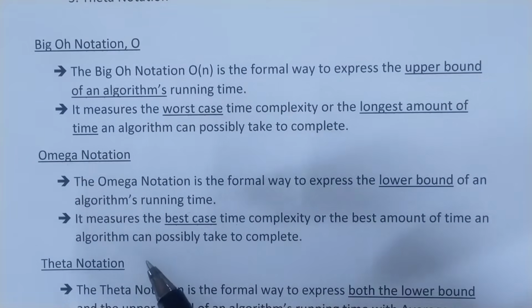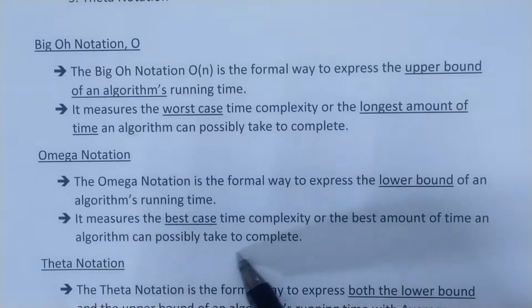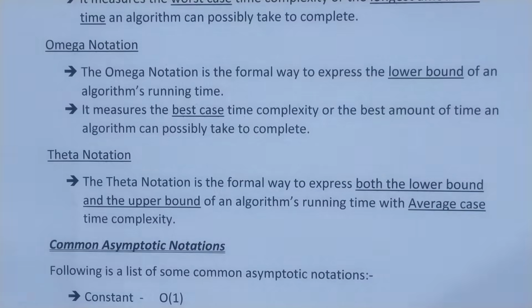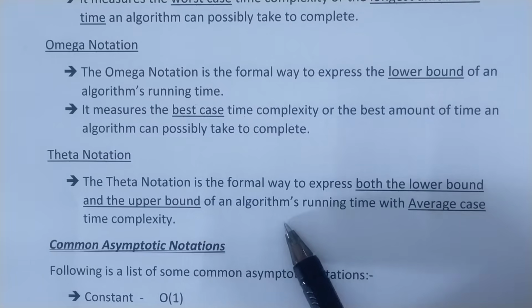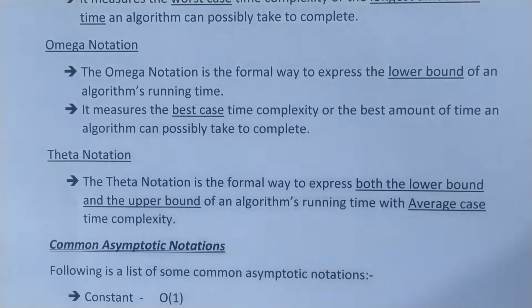Omega notation is used to measure the best case time complexity or the shortest amount of time an algorithm takes to complete. Theta notation is used to measure the average case time complexity of an algorithm to complete.